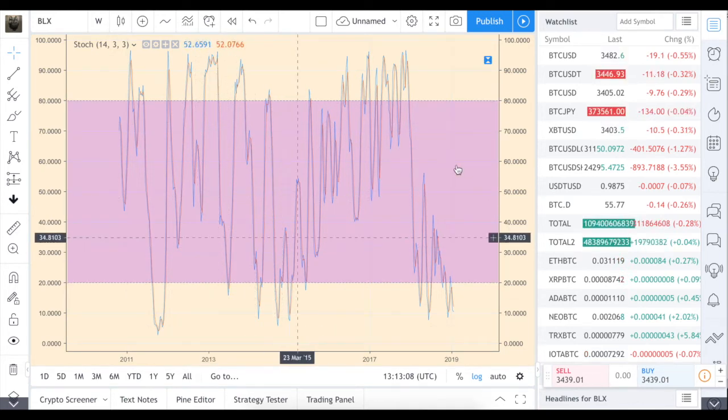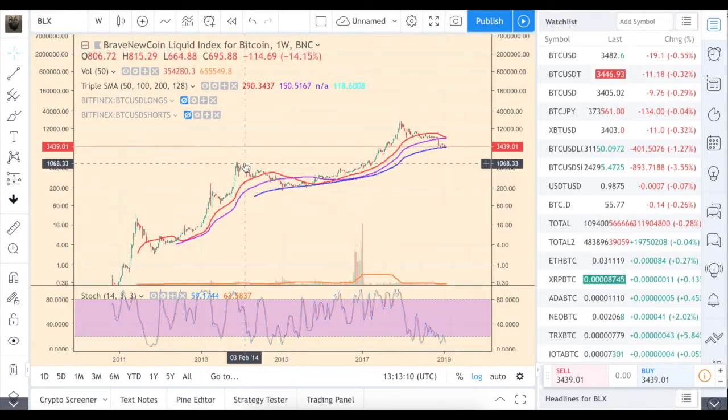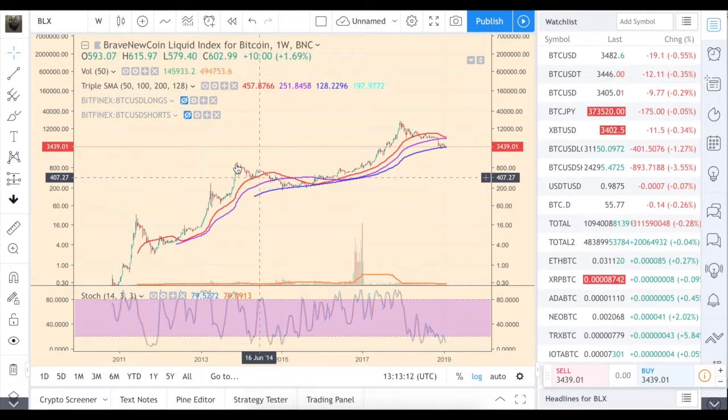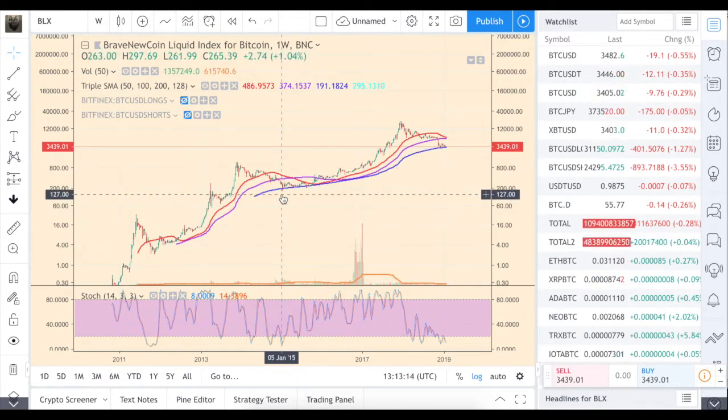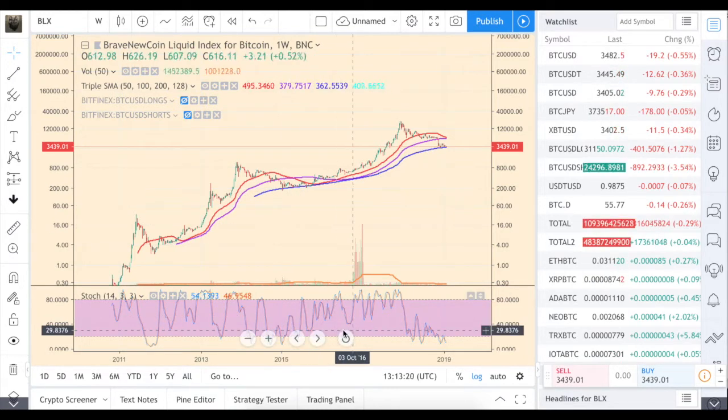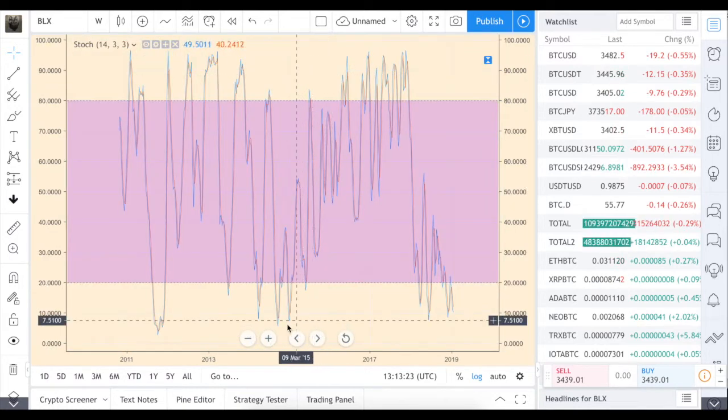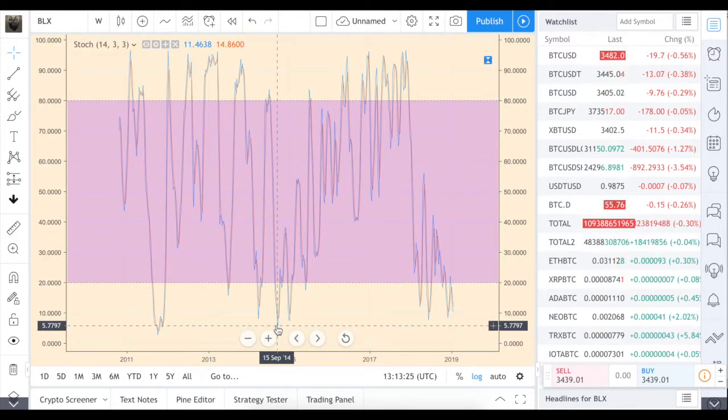going down. And here again, that was the bear market, exactly the period of bear market. So then when we had this very bottom on January 15th, we had this very bottom.